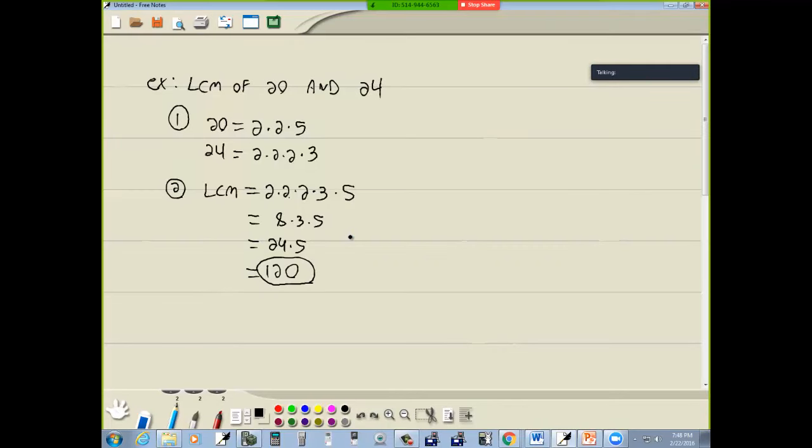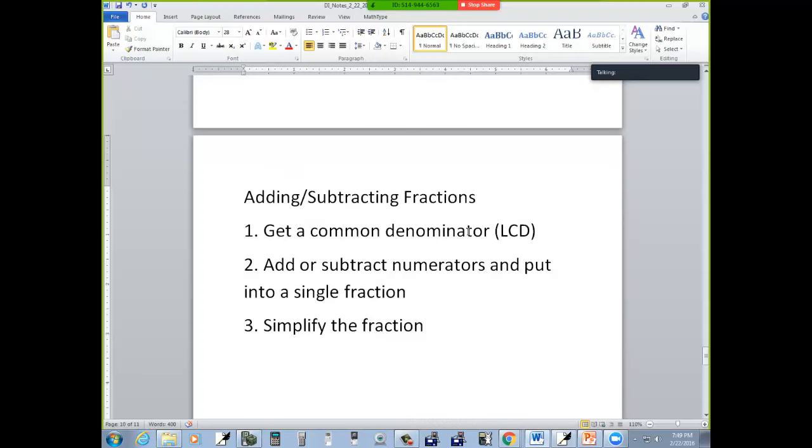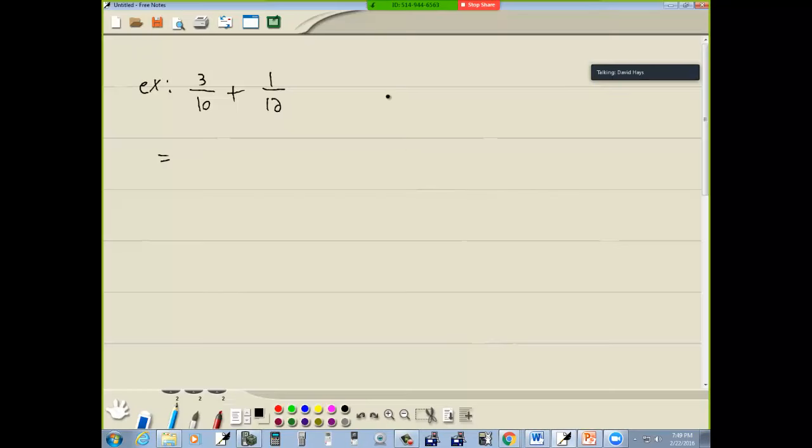Okay, so let's take a look at adding two fractions. Say we got, say 3 over 10 plus 1 over 12. Now the same principle holds true for subtraction, so I'll just show one addition. Step 1, we want to get a common denominator.